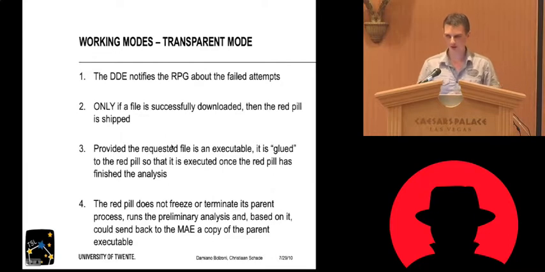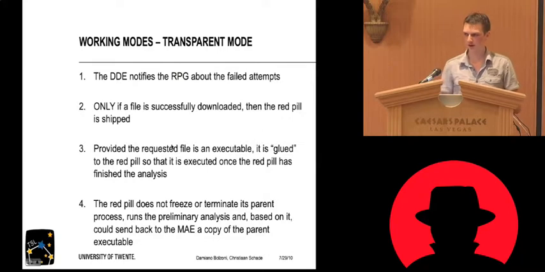Our system has three ways to work in. Transparent mode, semi-transparent, and non-transparent. The first one, transparent mode, is the least intrusive. So once the DDE figures out that there are many failed download attempts, it's going to notify the RPG, which will ship itself back to the host, and only if the file is successfully downloaded.